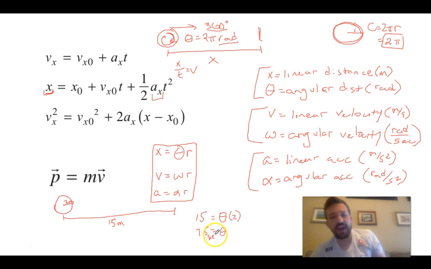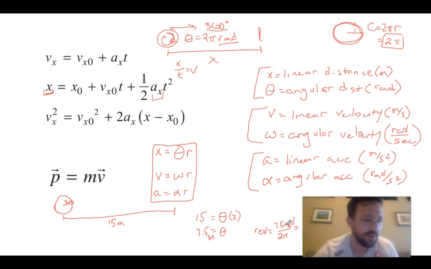Well, with 7.5 radians, you can do the same thing. One full turn is 2 pi, right? So to see how many revolutions it is, like how many times it went around, you could just take 7.5 radians and divide by 2 pi, and that tells you how many times it turned around. So I'm just going to do that real quick, and let's see what the number is.